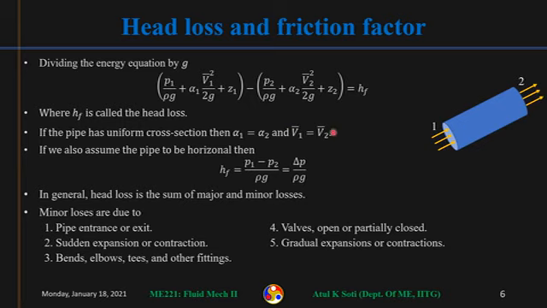If A is not changing, then V average should not change, and then alpha, the correction factor, will also be the same, because the same velocity profile will exist at both sections. If that is the same, then what will happen? These terms will cancel.